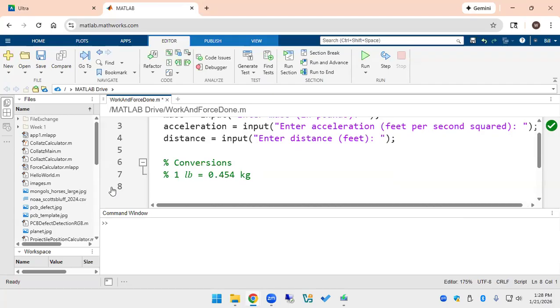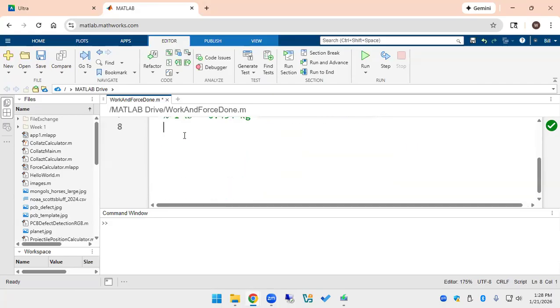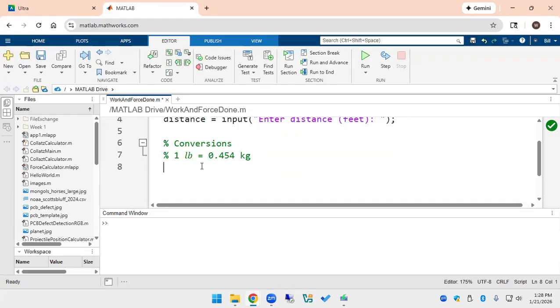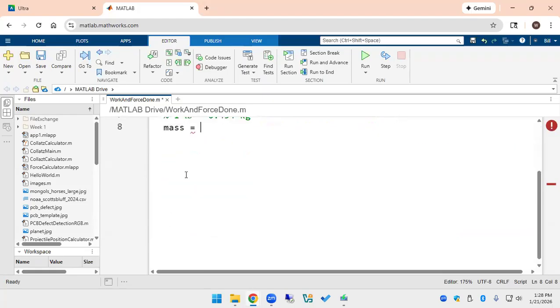Okay, so when we convert this, we could have different variables that say mass underscore P for pounds. Or we can just use mass down here and overwrite that same variable. Later on, we'll get fussier with naming. Now we're not going to be fussy. So if we need to convert mass, we're just going to say mass, which will now be in metric where before it was in pounds, and we can do that.